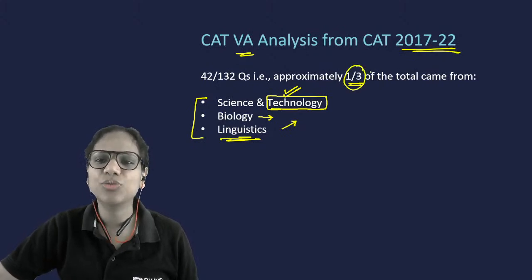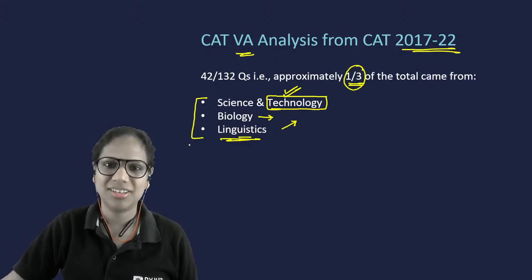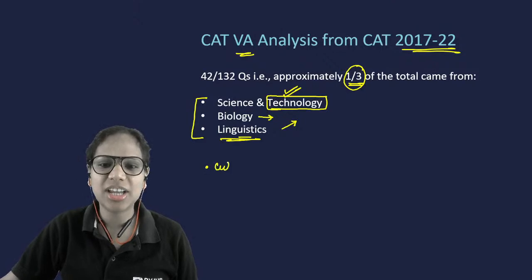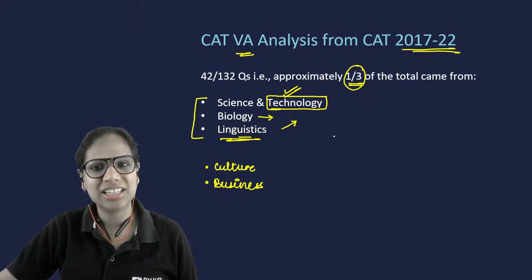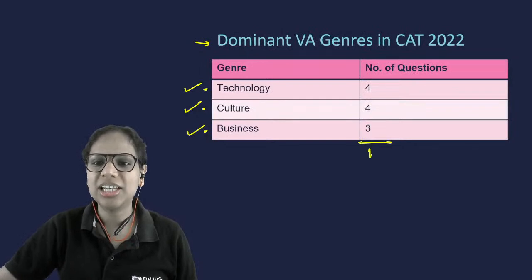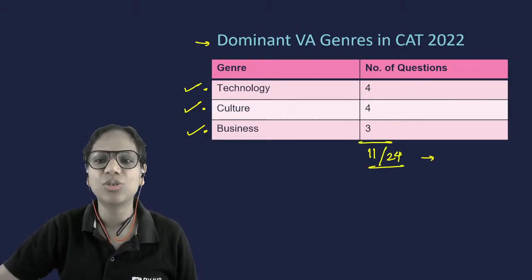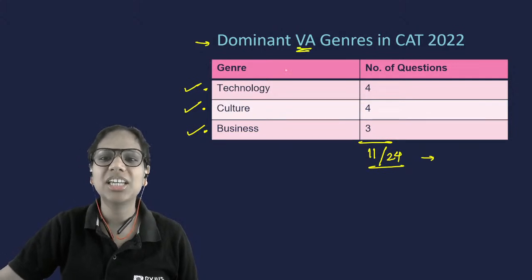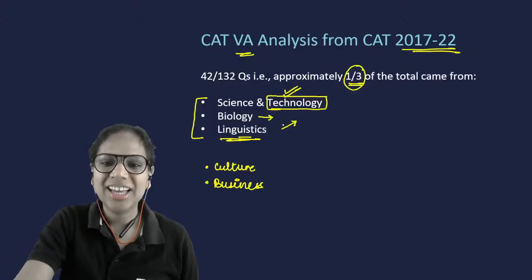So one third of the total questions came from here. Okay, and this year culture and business also were dominant, right? Because see, this is 11 questions out of your 24 questions. So that means approximately 50% of your VA came from these three genres.